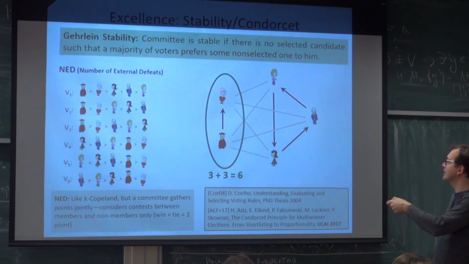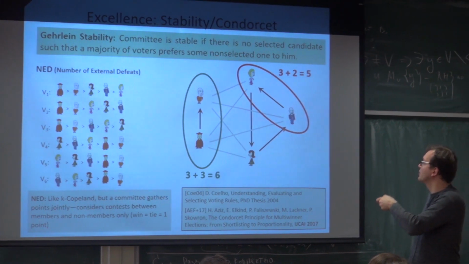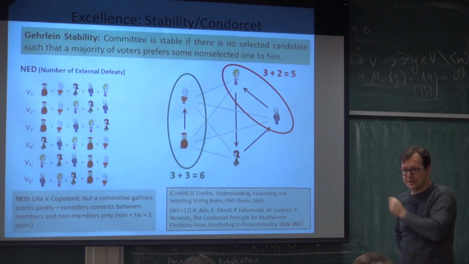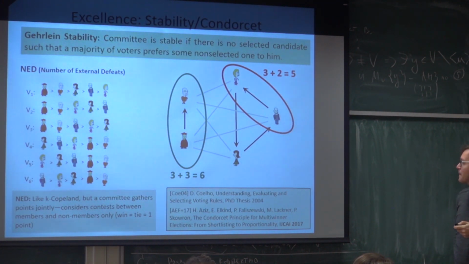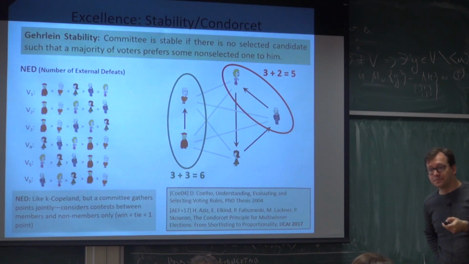So red contributes 3 points, because here each tie is equal to 1, and orange contributes 3 points. So they get 3 plus 3. But in this case, pink contributes 1, 2, 3, and blue contributes 1 and 2. He doesn't contribute this because it's within the committee, and he doesn't contribute this because he's losing. So in this case, really the Gerlain unstable committee had won.